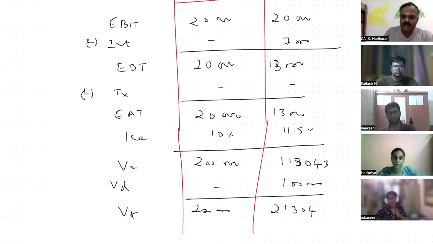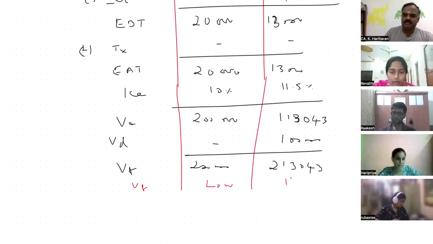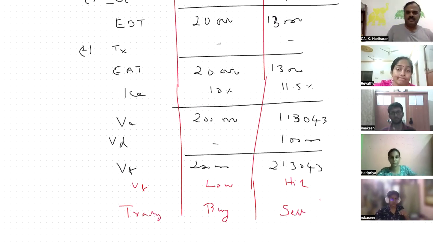The lower one you have to buy, and here you have to sell. Up to this stage, are you comfortable? Yes, sir. This is with respect to the arbitrage process.